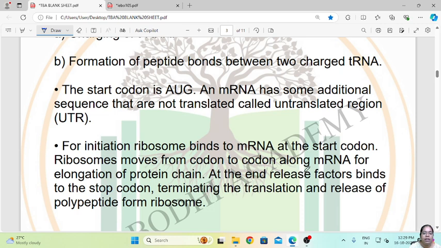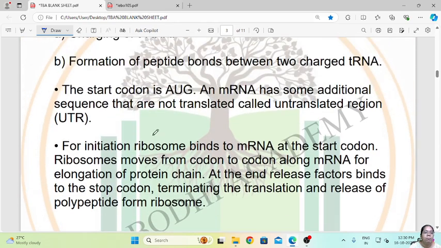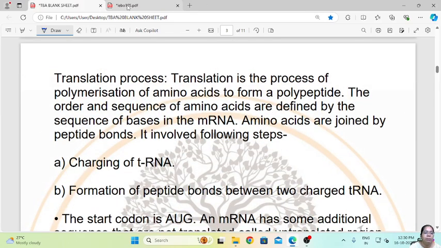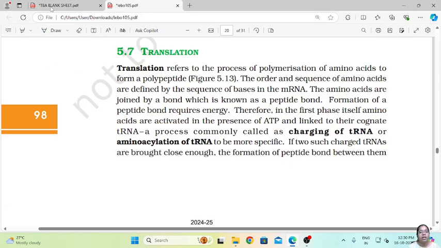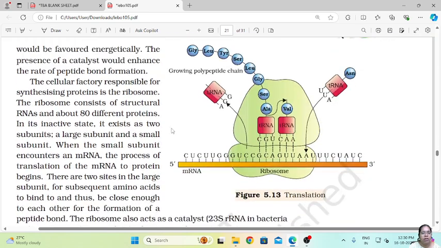At the end, release factors bind to the stop codon, terminating the translation and releasing the polypeptide from the ribosome. So basically, in translation from the mRNA you get the protein sequences, that is you get the peptide bonds, which then further form the proteins.